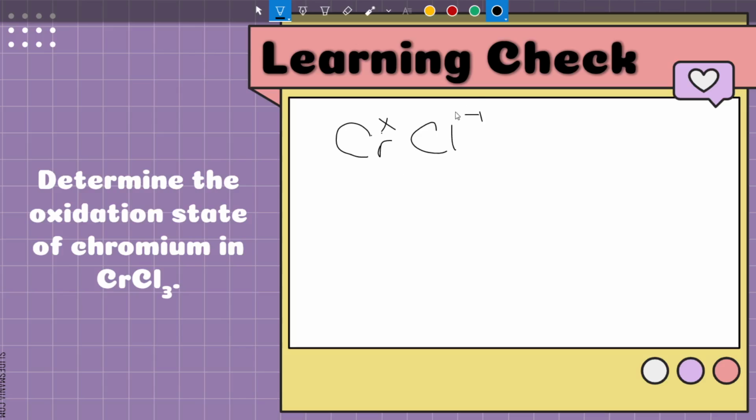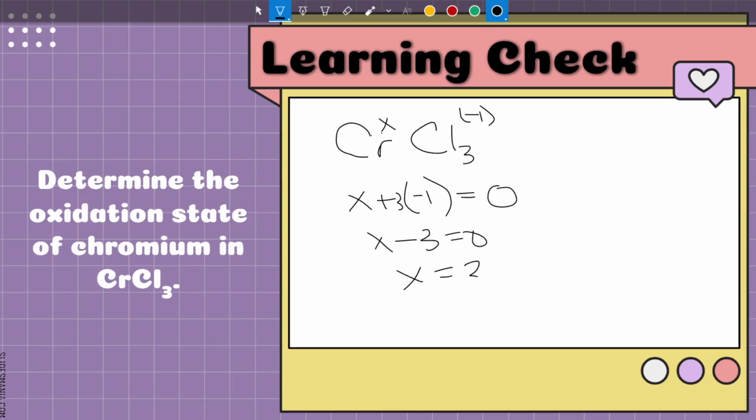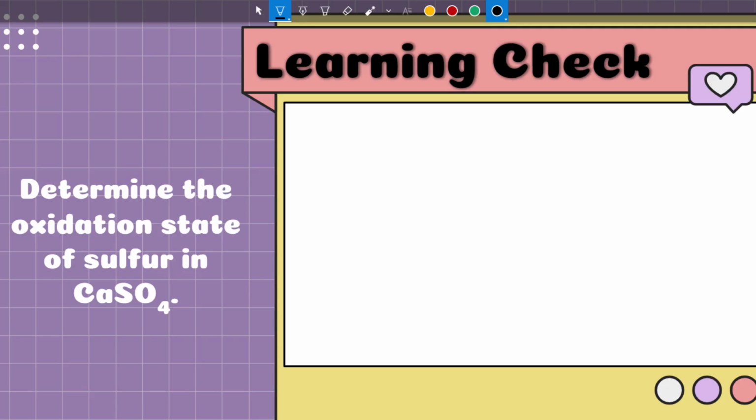Because it's Cl3, we multiply our charge by 3, and that has to add up to 0. So you get X minus 3 equals 0, X equals 3. My oxidation state is 3 for chromium.